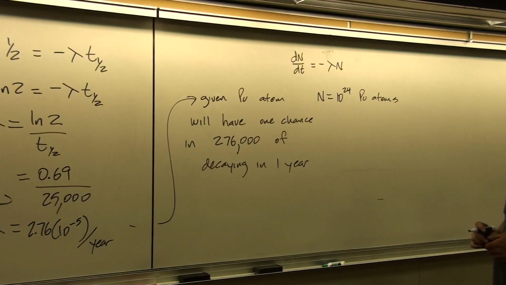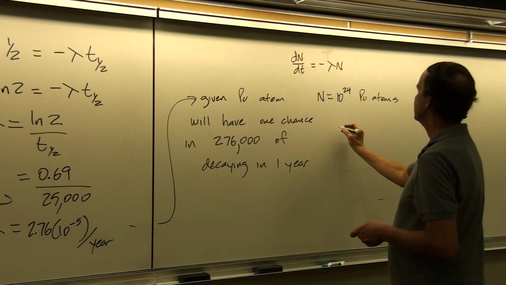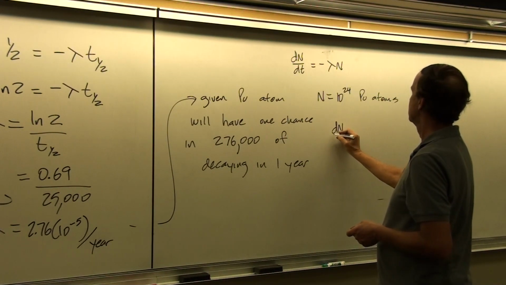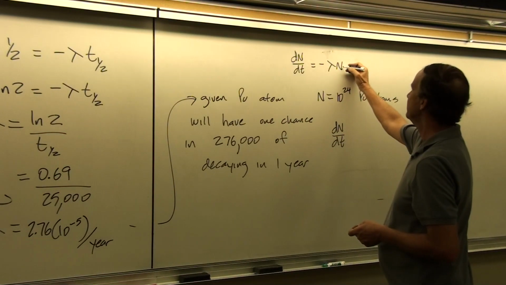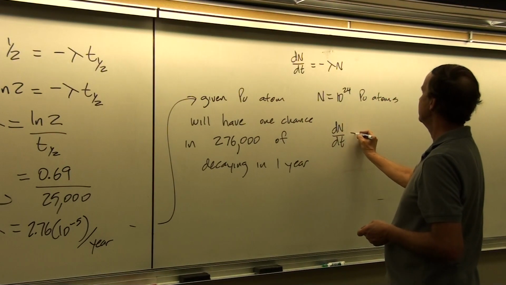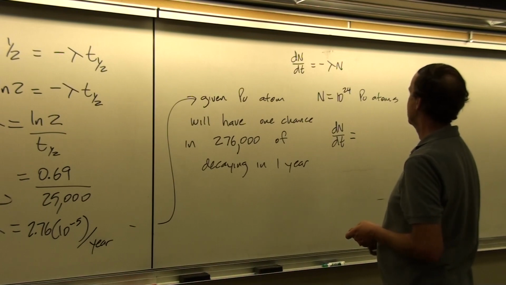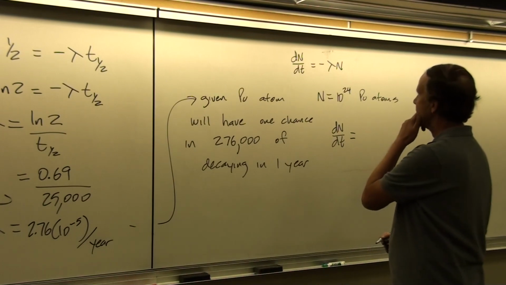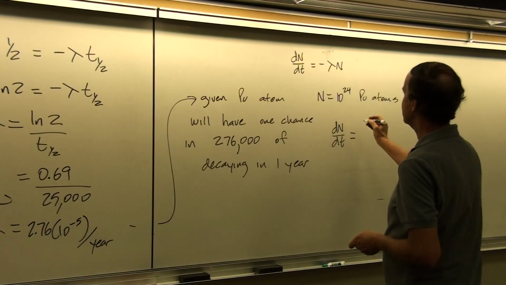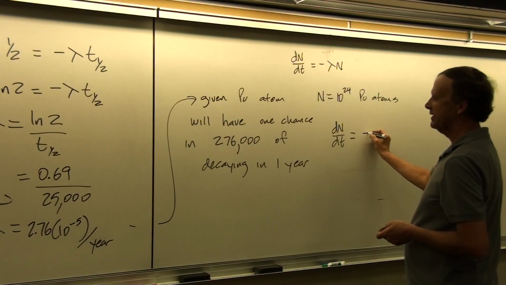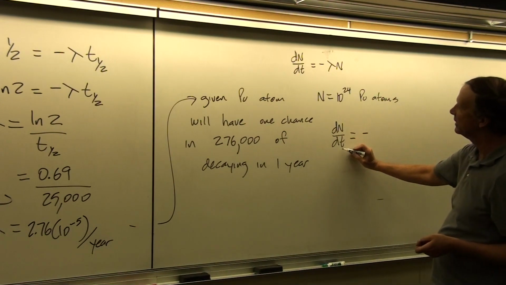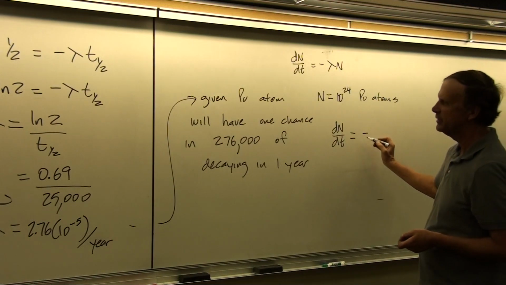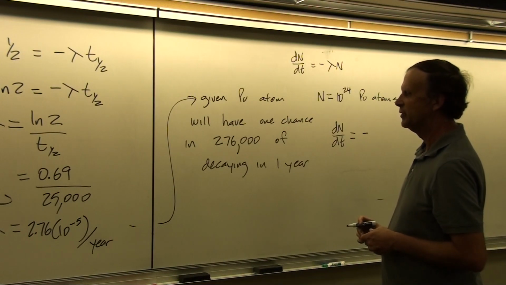So if that's the case, then dN/dt at this moment, when the N value is 10 to the 24, will be equal to minus lambda times N. The minus is just coming from the fact that you're losing particles, so it's going to be a negative change in the number of particles.